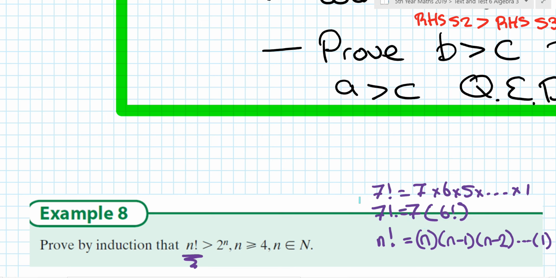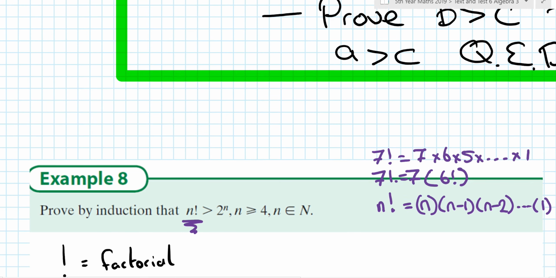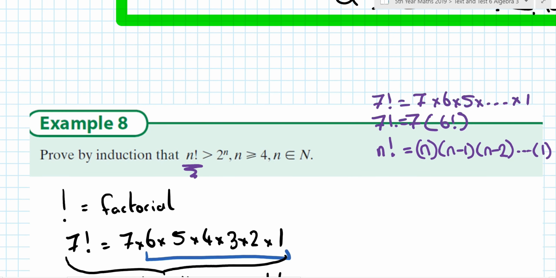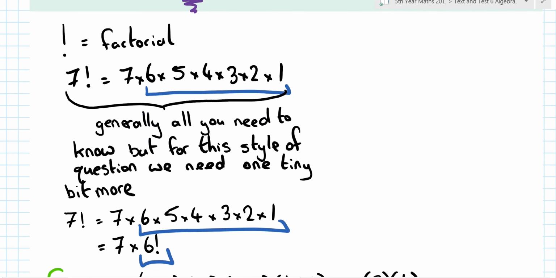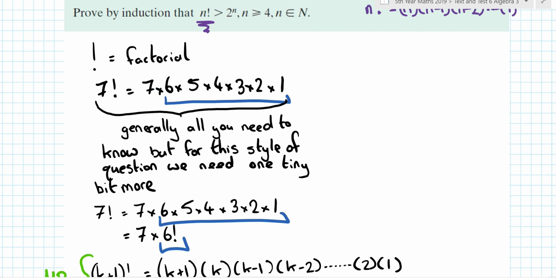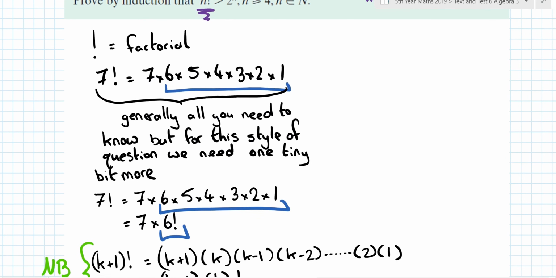Okay, so step 1, same old. We're proving true for the lowest allowable n. Again, here I'm just talking through what factorial is. 7 factorial is 7 by 6 by 5 by 4 by 3 by 2 by 1. Generally that's all you need to know, but for this style of question we need one tiny bit more, which is what I just proved up above in the purple.